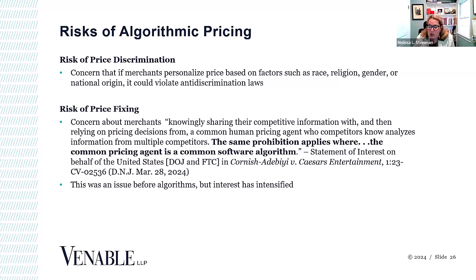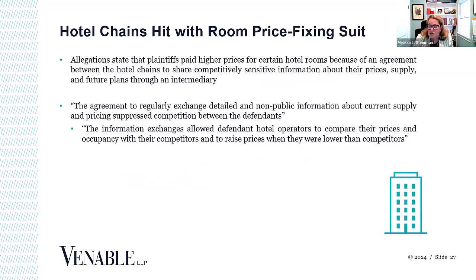The suggestion that plaintiffs must identify direct legal communications to plausibly allege a violative agreement, and the argument that a price fixing claim must be dismissed because the recommendations generated by the pricing algorithm are not binding. The agencies have said that direct communications are not required to show proof of an agreement, that Section 1 covers tacit as well as express agreement, and that Section 1 prohibits competitors from delegating key aspects of pricing decision making.